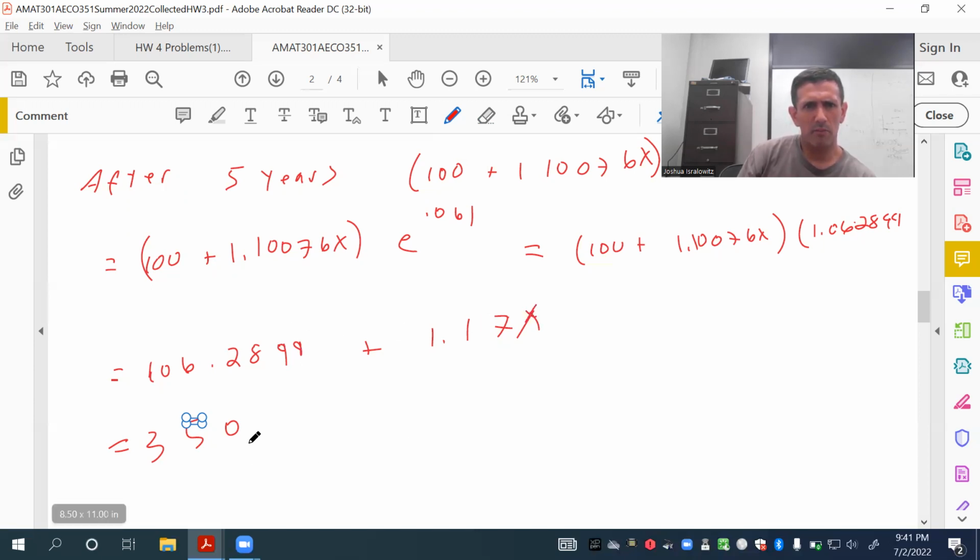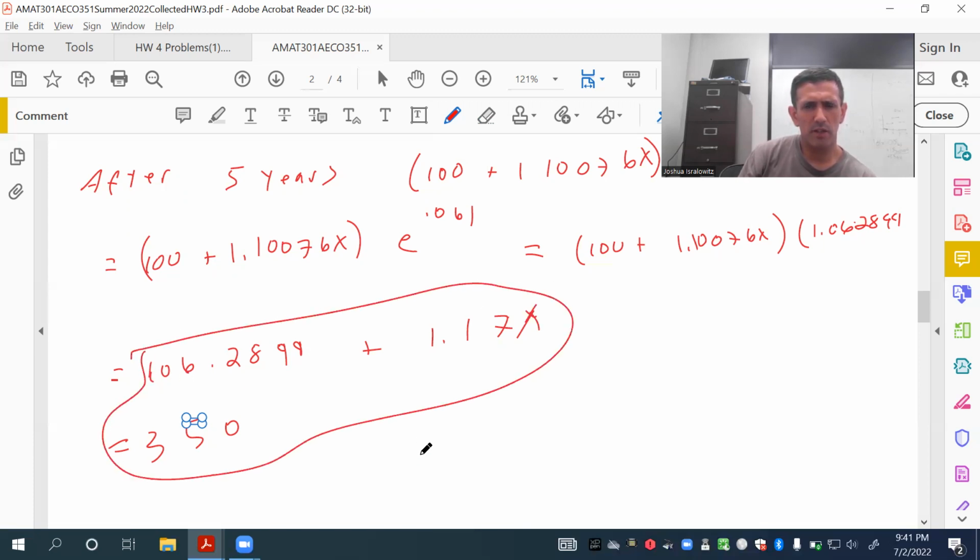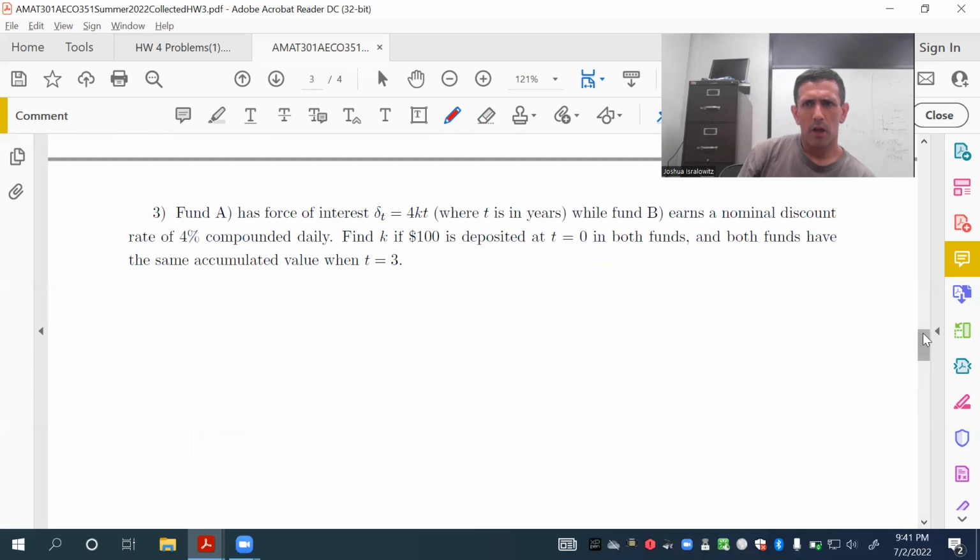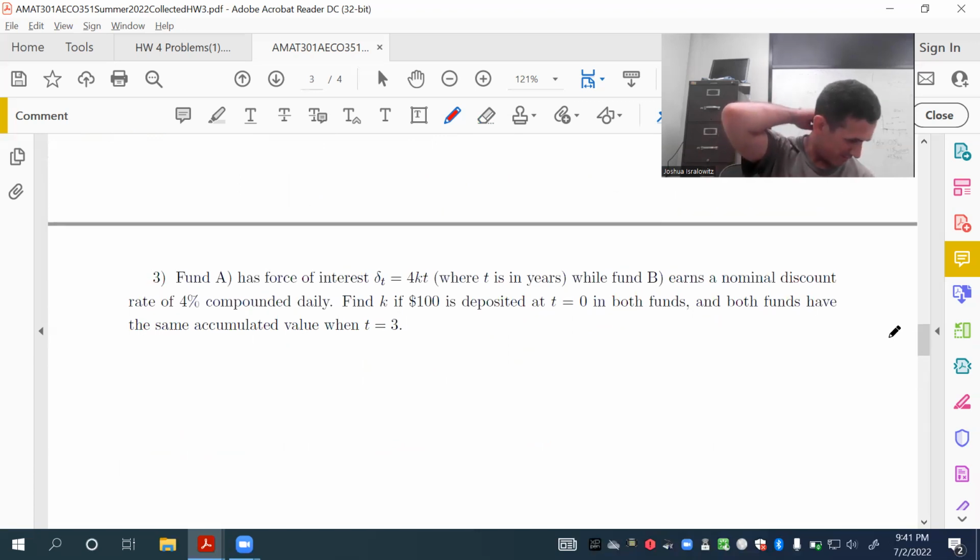So take this, solve for x. Same answer, 20830. Okay. So we've got some funky integrals here.